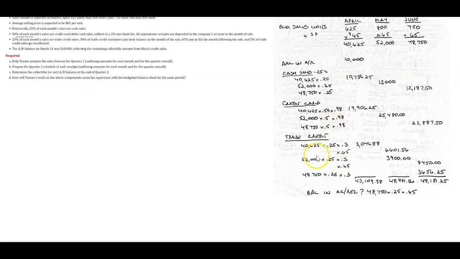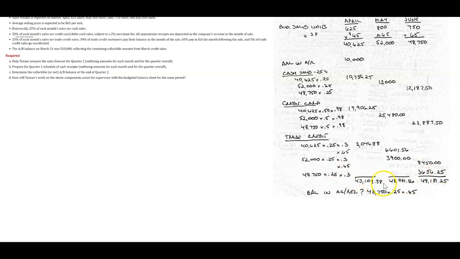So for trade credit for April, we've got 46,250 times 25%, then 30% in the month of sale and 65% in the month following. For May, 52,000 times 25% of these sales, 30% in the month of sale, 65% in the month following. And then the last one, 48,750, 25% with 30% in the month of sale.